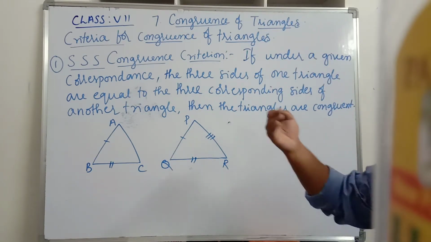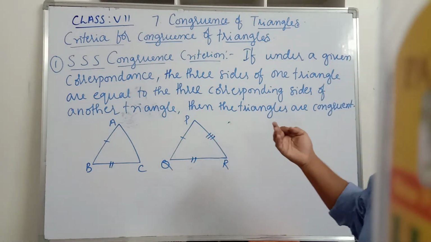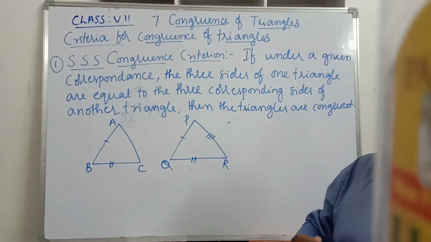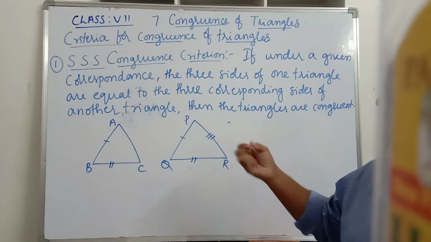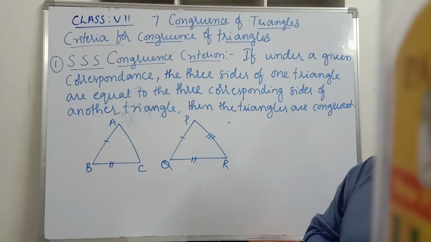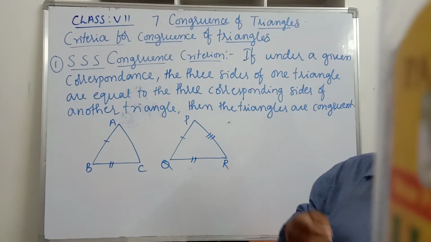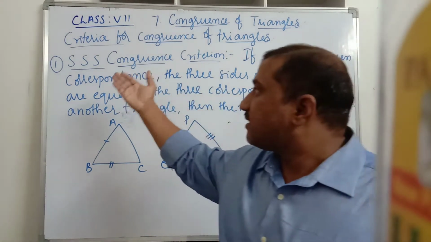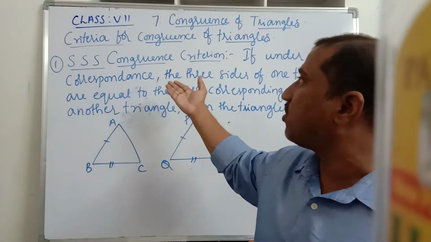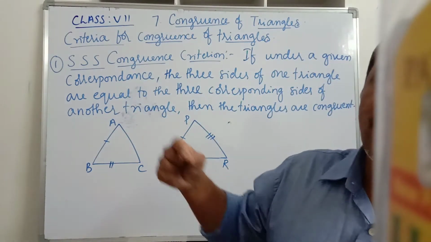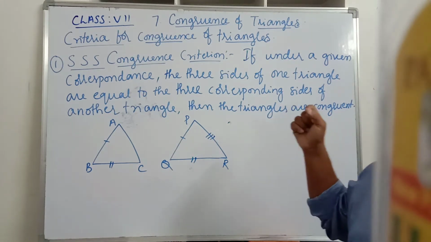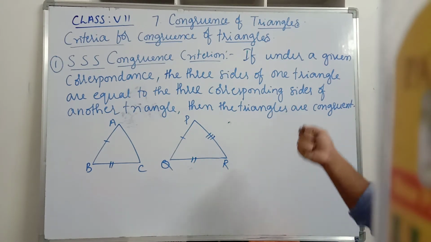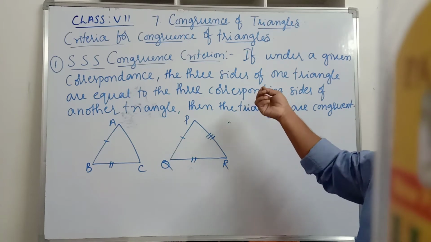So here we have a few criteria where we can say two triangles are congruent triangles. Among them the first one is the SSS congruency criterion, where S stands for side. So this is the side congruency criterion, or simply the SSS congruency criterion.